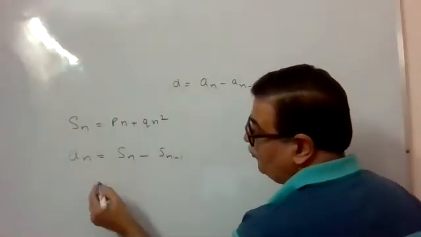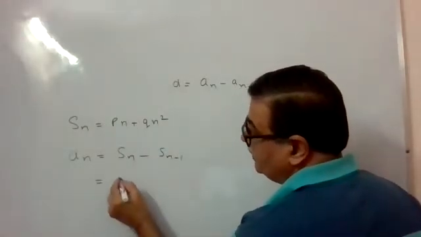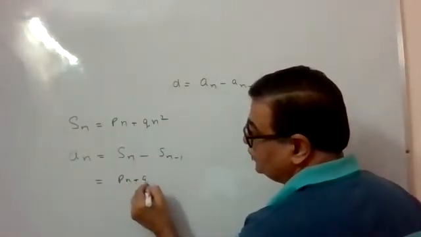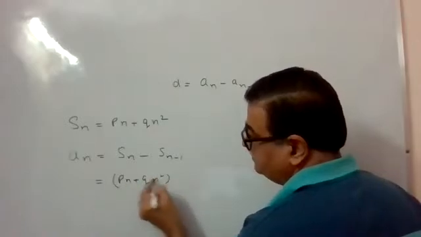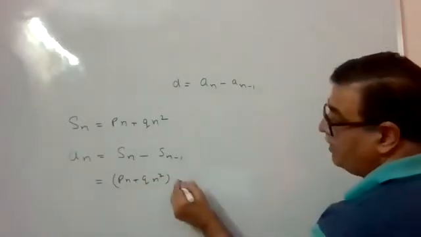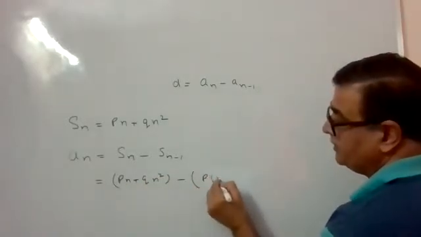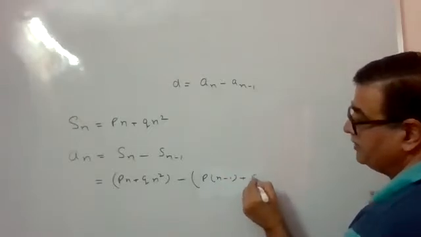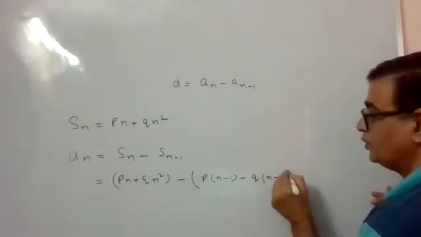Sn is this. So when you apply this formula, what will it come? Pn plus Qn square minus Sn minus 1, which means P times n minus 1 plus Q times n minus 1 whole square.